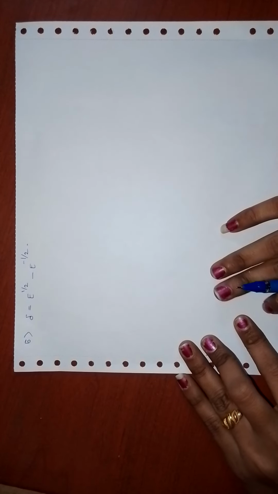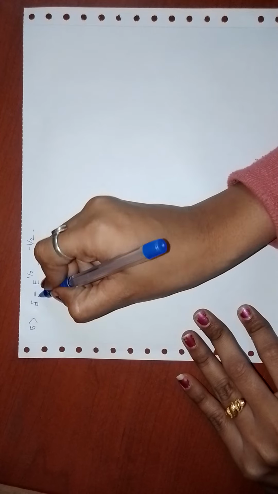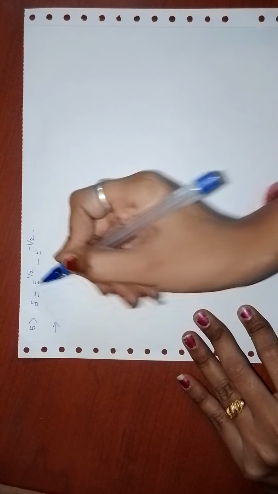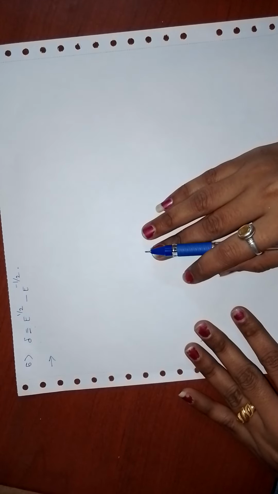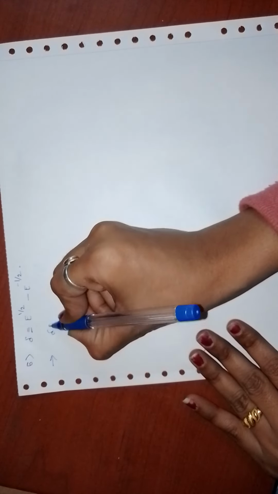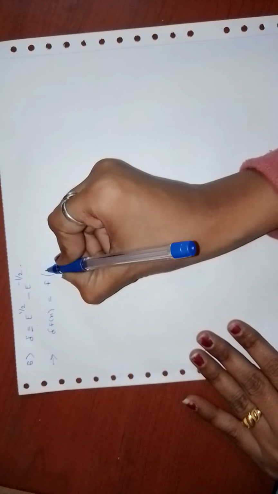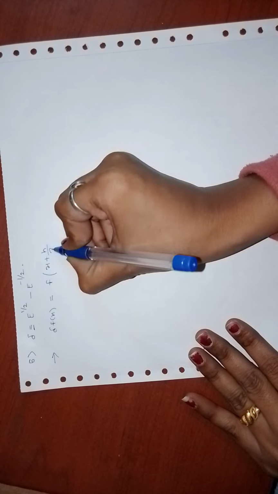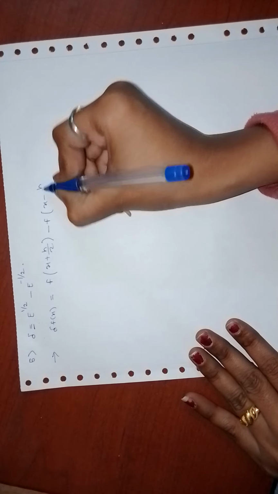Next property is the relation delta is congruent to E raised to 1 by 2 minus E raised to minus 1 by 2, where delta is the central difference operator. So apply f on delta. Delta f of x is f of x plus h by 2 minus f of x minus h by 2.